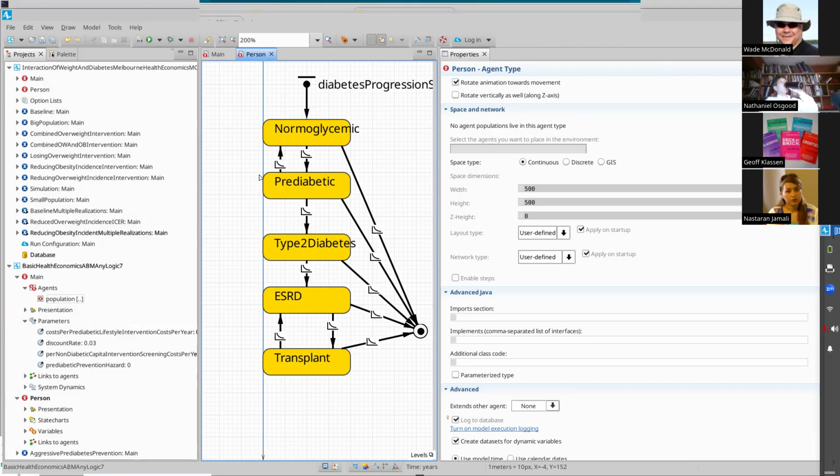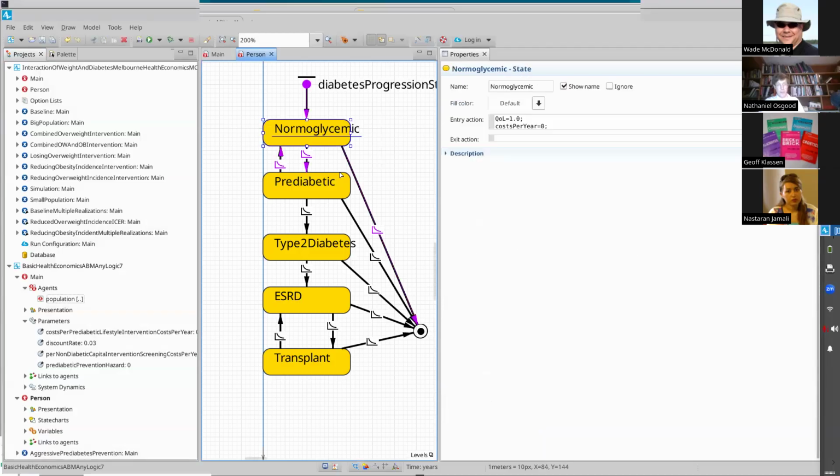And specifically, each of these states, the normal glycemic state, the pre-diabetic state, type 2 diabetic state, etc. Each of them in turn has a certain quality of life recorded.